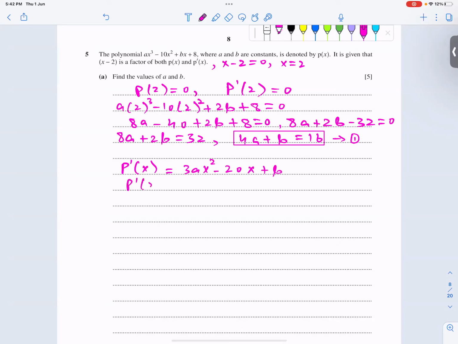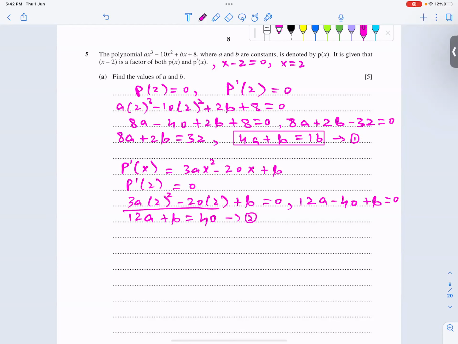P prime of 2 is equal to 0, so just put 2 in the above equation. This will become 3a times 2 square minus 20 times 2 plus b is equal to 0. 2 square is 4 and 4 times 3 is 12. 12a minus 40 plus b is equal to 0. 12a plus b is equal to 40. So call it equation 2.